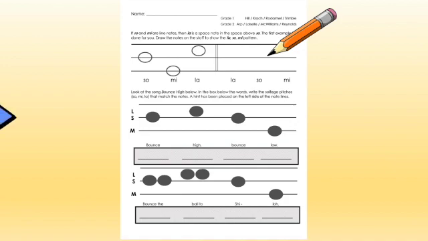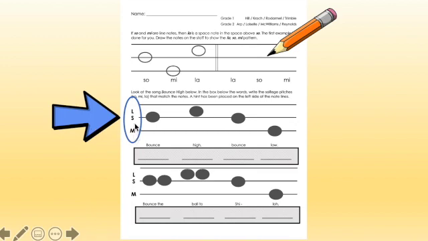Here's where the hint is. Oh, I wonder what M, S, and L mean. M is right beside this line. S is right beside this line. And L is right next to this space.